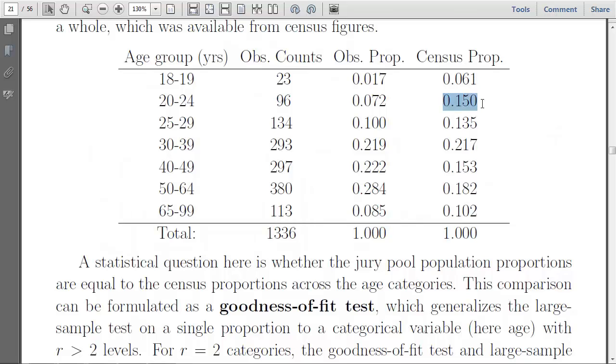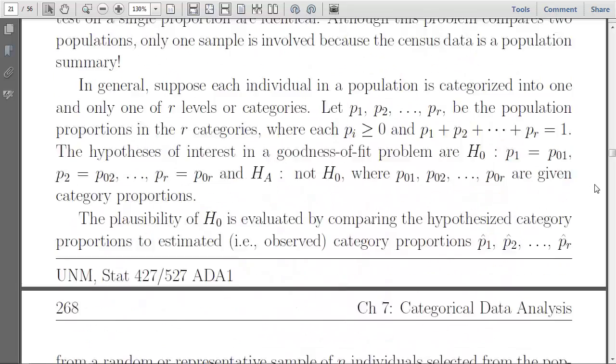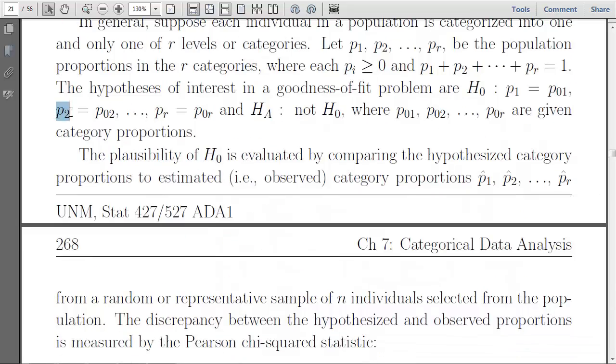For the second group of young 20-somethings, the population proportion equals 15%, and so on, up to the 7th or last category. And the alternative most simply can be stated as not H naught, so not with NOT and H naught with NAUGHT as the subscript. And so that means that any one of these equalities could end up being not equal, and that would reject the null.